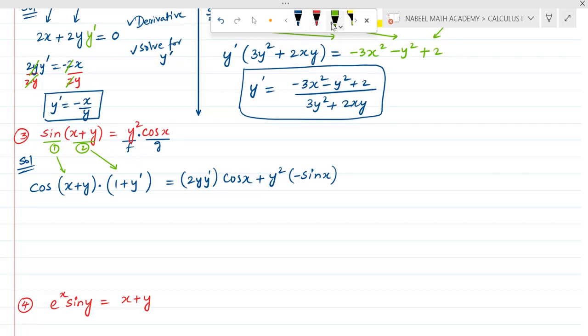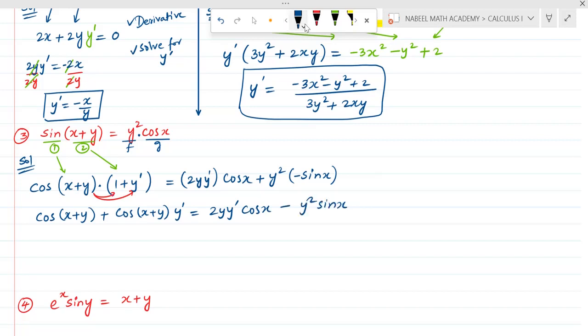After that we have to find the y prime on one side. If you multiply inside, you will get cosine x plus y plus cosine x plus y into y prime equal to 2y prime cosine x minus y square sine x.